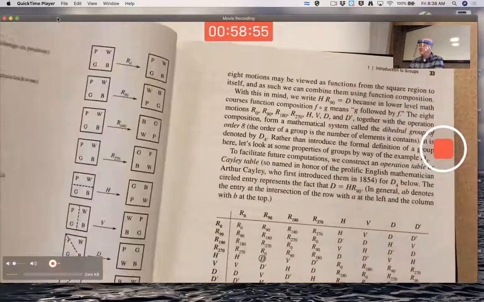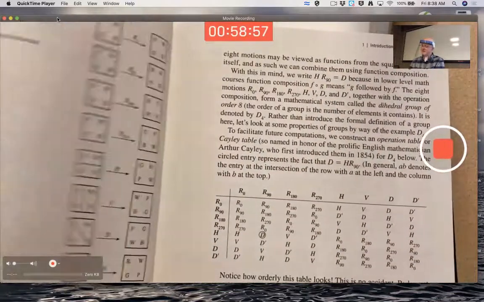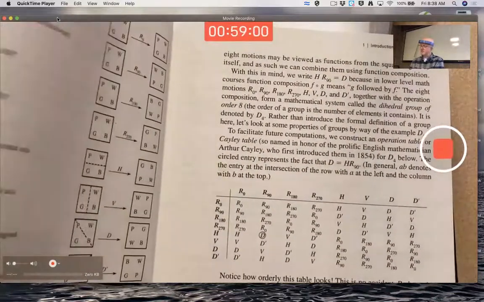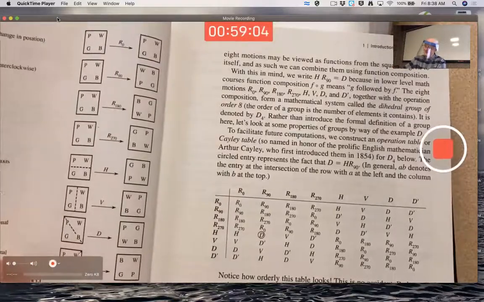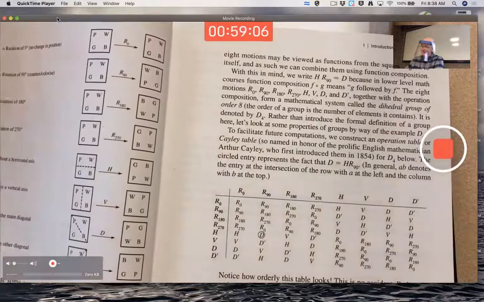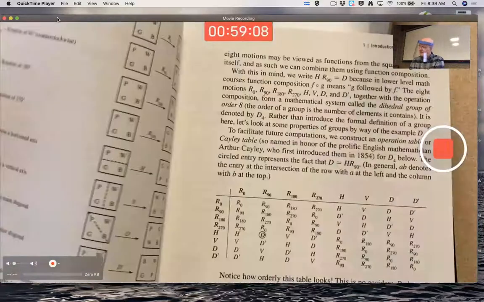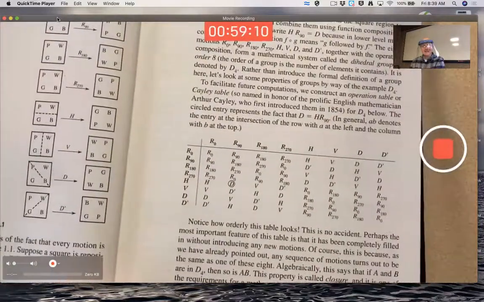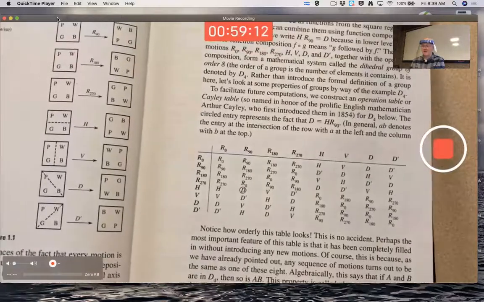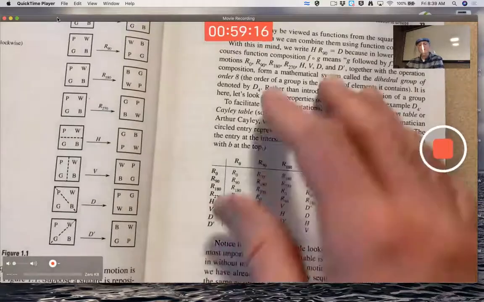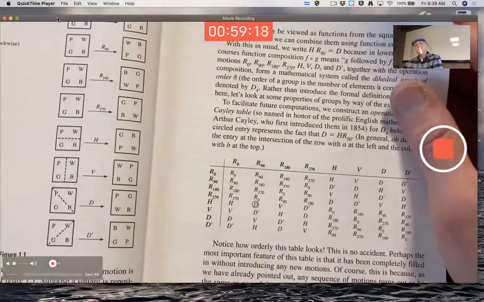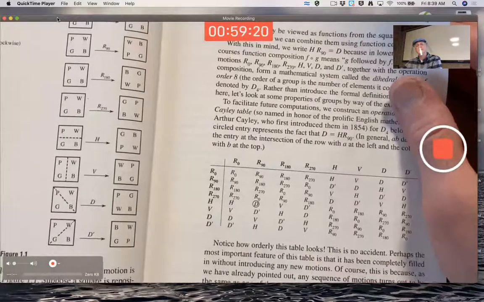Chapter 1 got us our first examples of groups. Not the official definition of a group, but the basic idea of it, with the Cayley table here for D4. We've talked about dihedral groups, especially for triangles and squares, a fair amount.